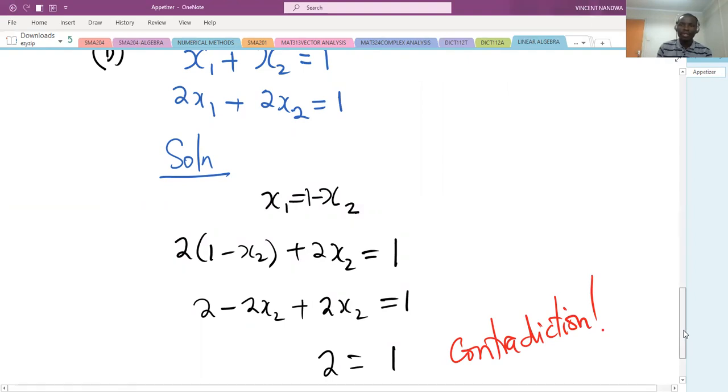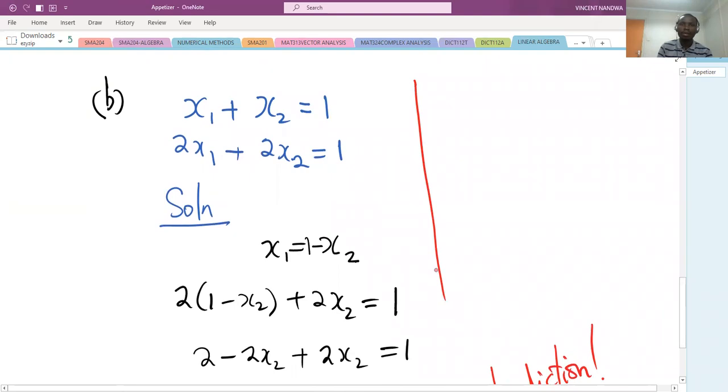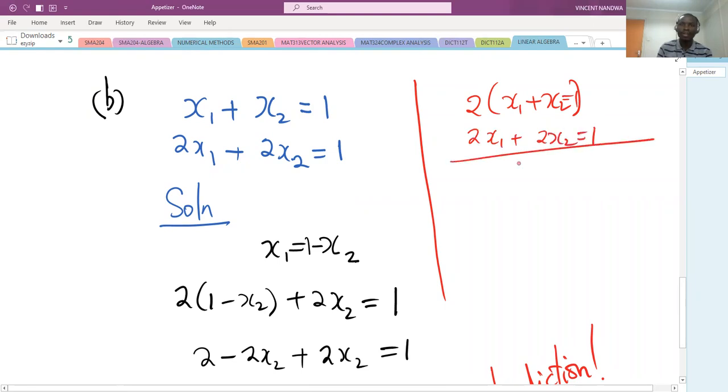Or if you didn't use substitution, you can use elimination: 2 times the first equation, x1 plus x2 equals 1, gives 2x1 plus 2x2 equals 2, and the other one is 2x1 plus 2x2 equals 1.